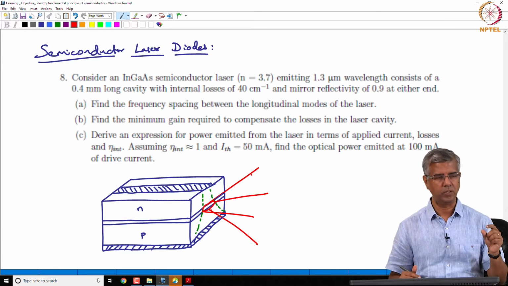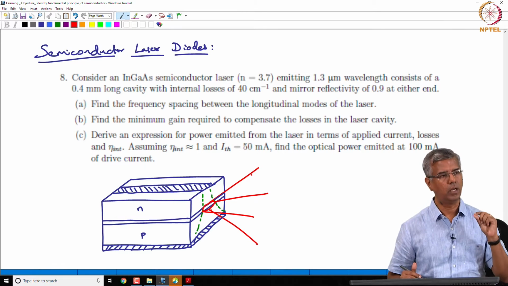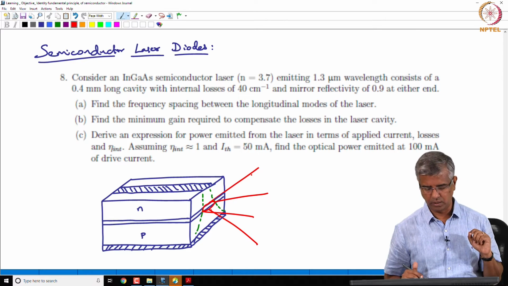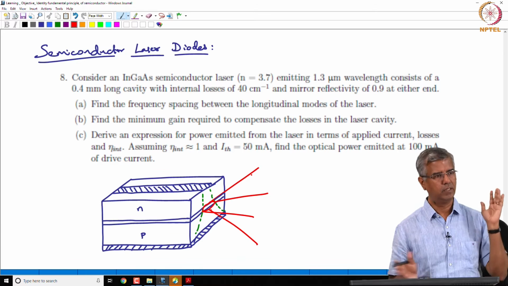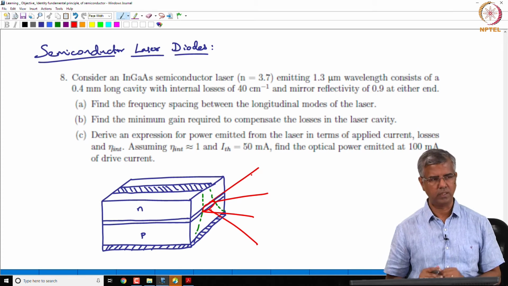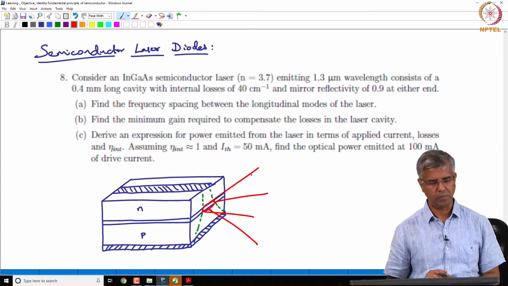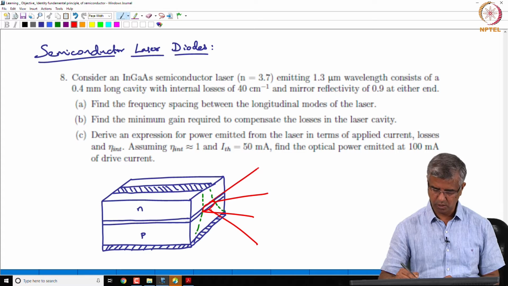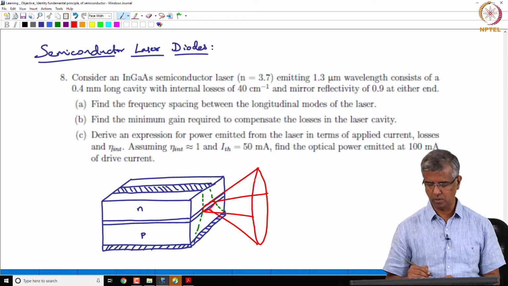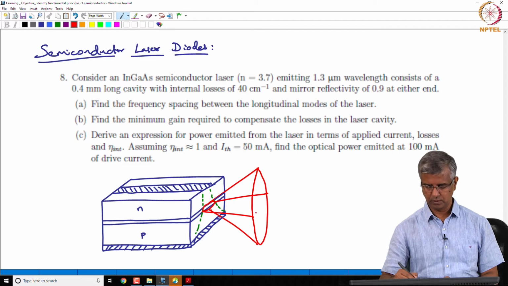If the aperture goes down to a dimension comparable to the wavelength, then diffraction effects come into the picture, so you will have much more divergence from that region. Effectively your output beam is going to look something like this.